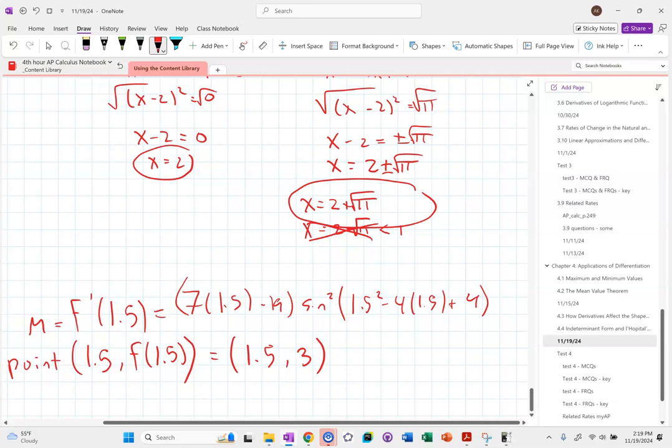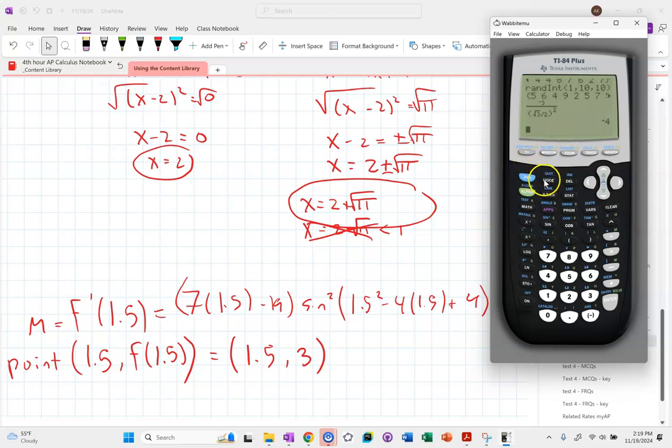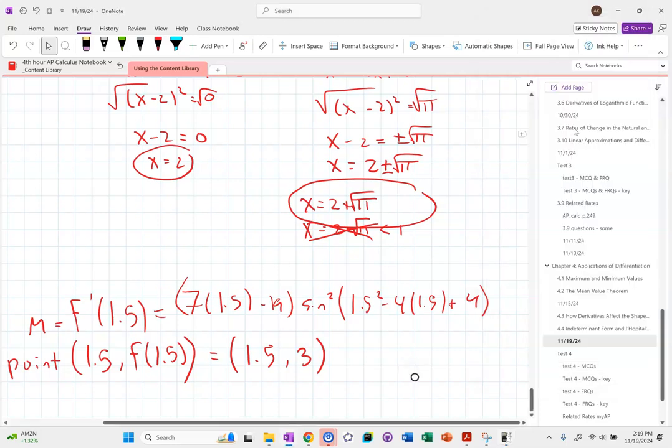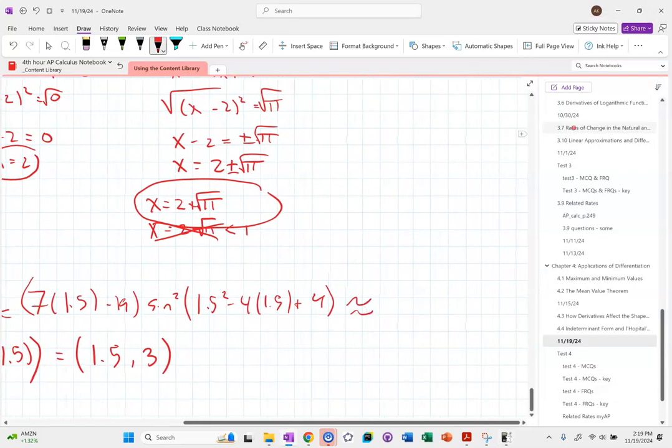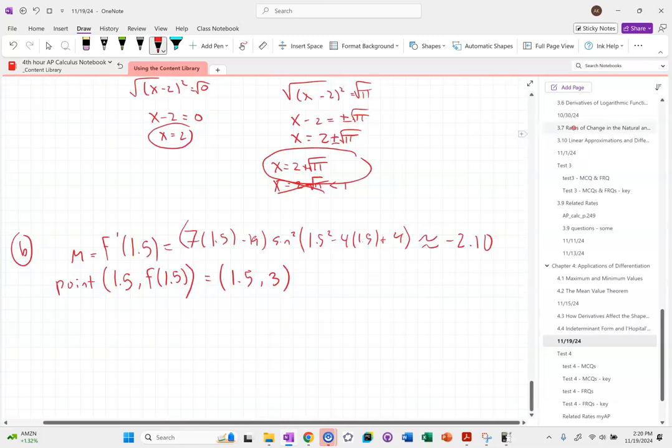Does that feel okay? Now, on my calculator, because I've already typed the derivative into y1, I'll just go vars over to y-vars, function, y1 of 1.5. Okay. So my slope's like -210-ish. So what am I doing here? I'm really doing a local linearization, right?